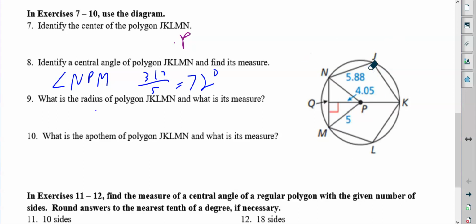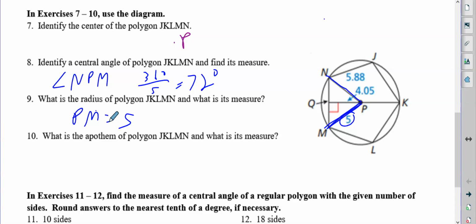What's the radius of the polygon? All right. So the radius is right here, or right here. So basically 2 sides of that shape we just did, the angle we just did, and we know that's 5. That's PM.